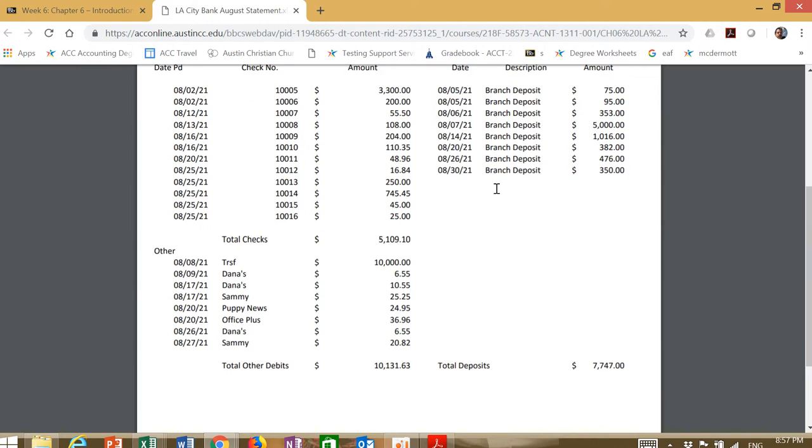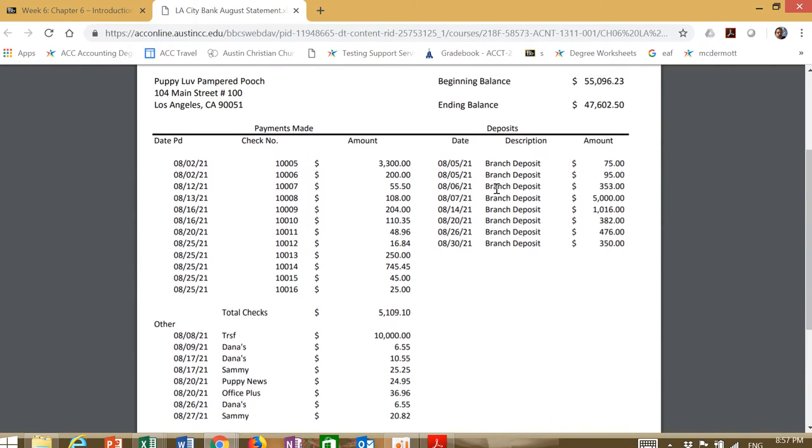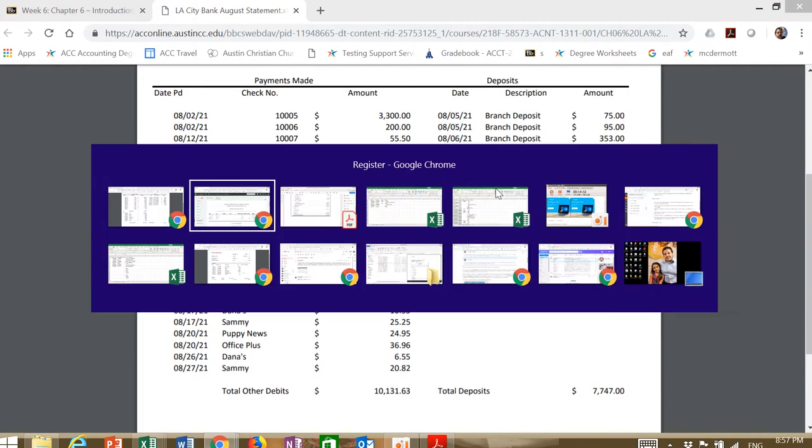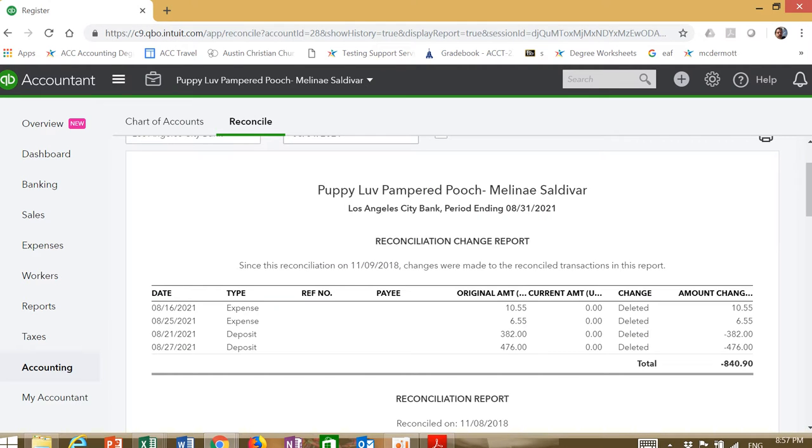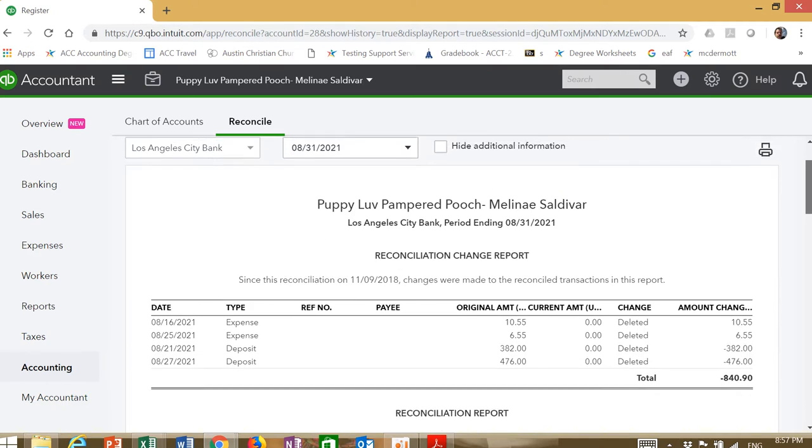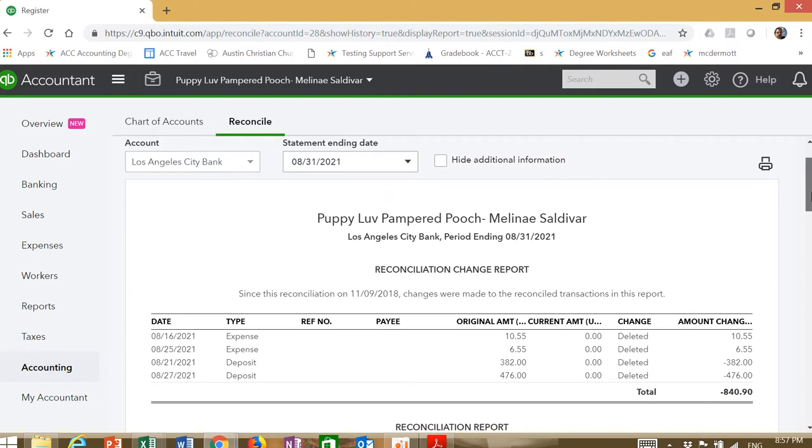So what we'll do is just see, okay, well, what transactions are missing? Why are we off by that number? So it looks like it's because of these transactions that have been deleted.